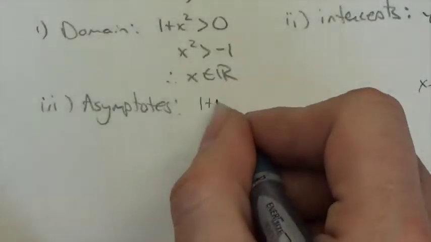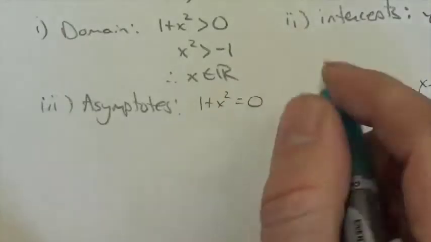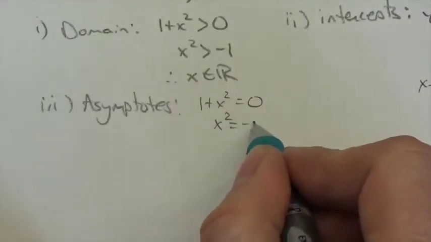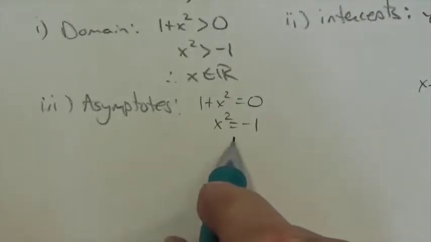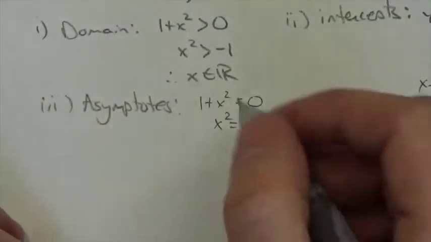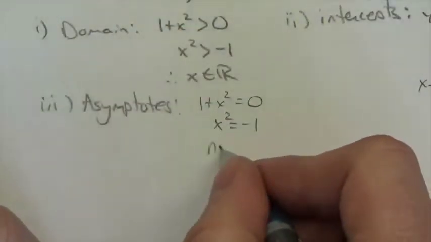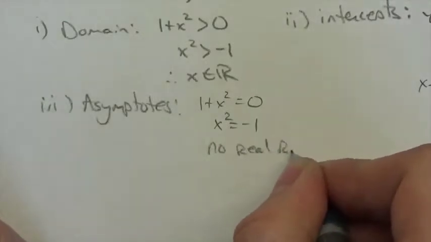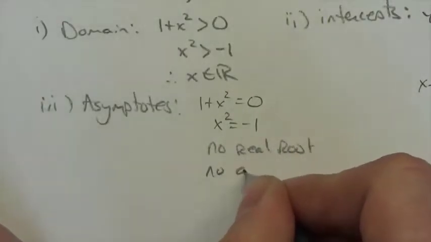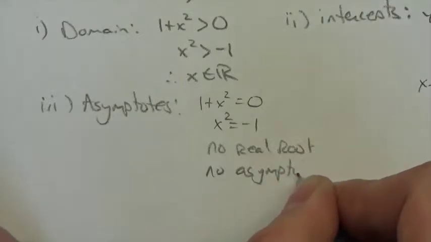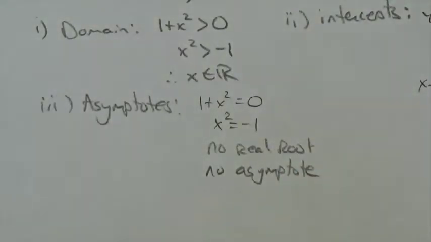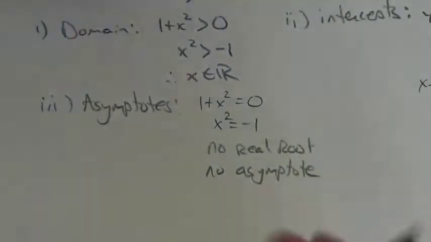So essentially, this would be where 1 plus x squared is equal to 0. And that would require x squared to be equal to negative 1, and there is no real number that does this. There's no real root here. So there's no asymptote, at least not in the system that we're working with. So anyway, we can just move on from there.